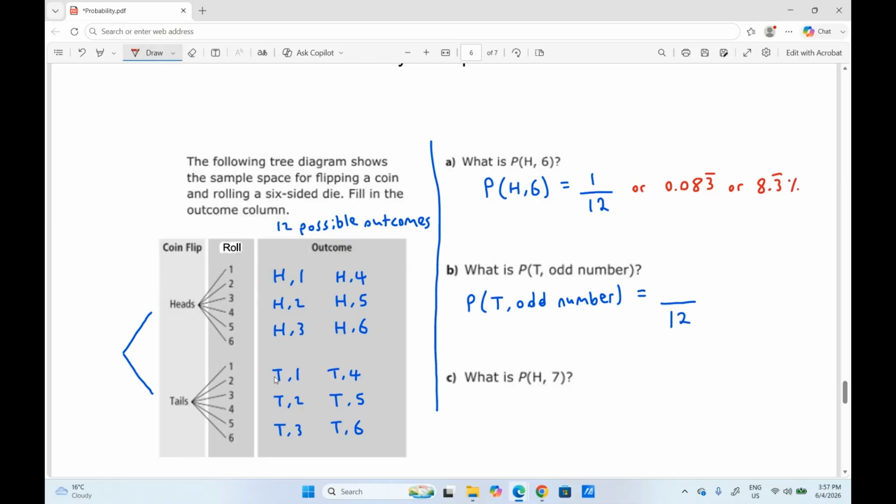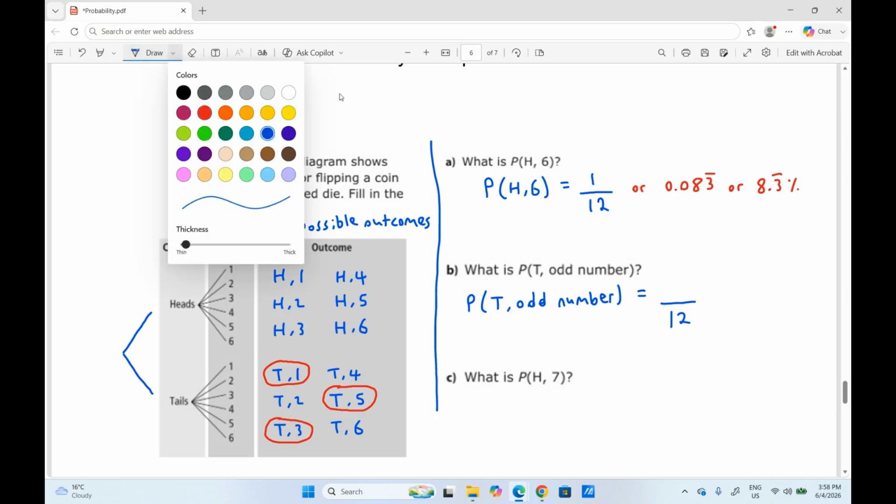So it looks like here, if I flip a coin and get tails and then I roll a 1, 1 is an odd number. So that's a possibility. If I flip a coin, get tails, and then I roll a 3, 3 is also an odd number. And if I flip a coin and get tails and then I roll a dice and get 5, 5 is also an odd number. These are the only 3 that satisfy my criteria out of the 12 possible outcomes that I have.